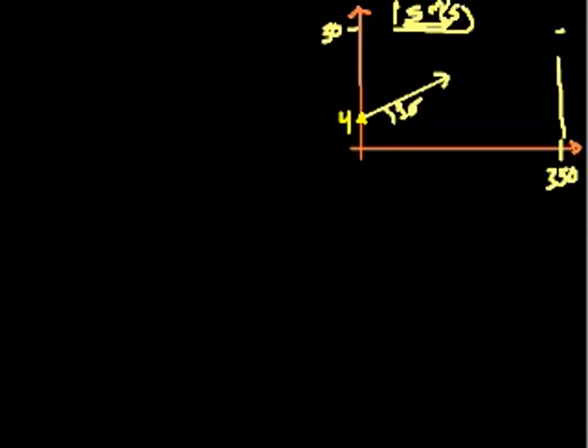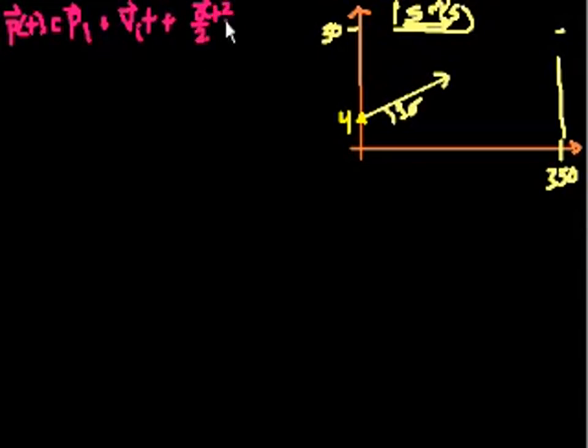So we can write that equation that I had written before: the position at any given time, as a function of t, is equal to the initial position, plus the initial velocity times t (these are all vectors), plus the acceleration vector over 2 times t squared.